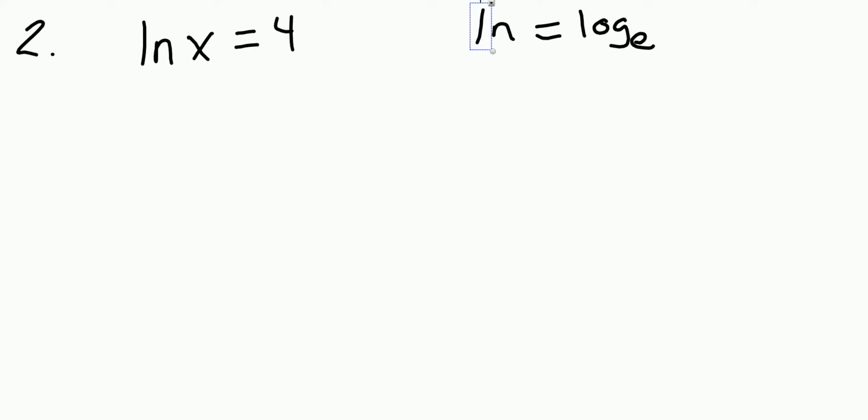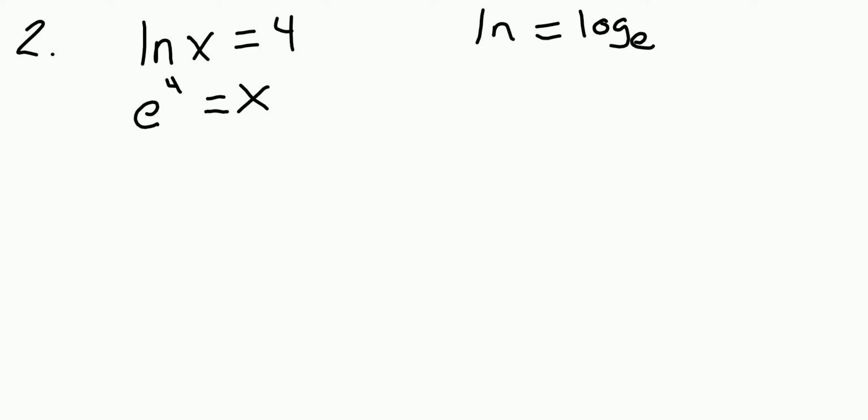Okay, so step 1 was to isolate the logarithm. The logarithm's already isolated and we have ln of x. Step 2, rewrite in exponential form. So if I rewrite this, my base is e, my exponent is 4, and then my answer. So e to the power 4.